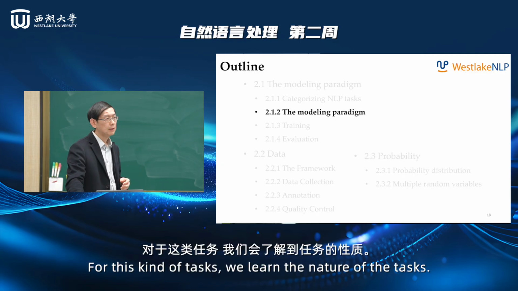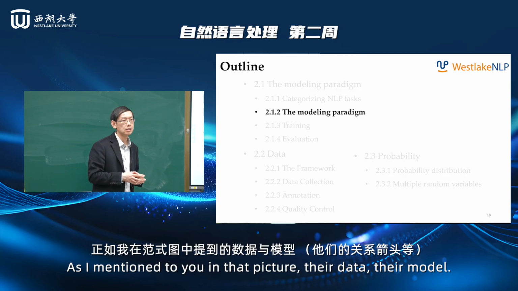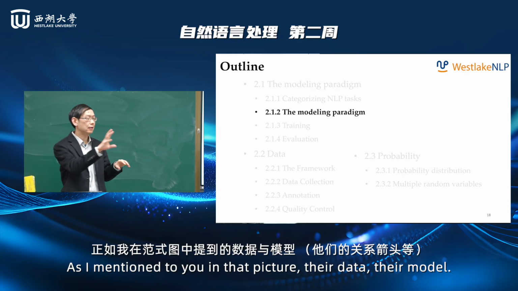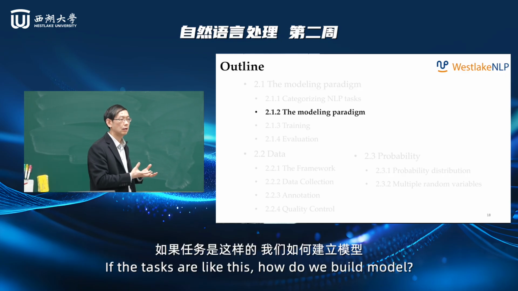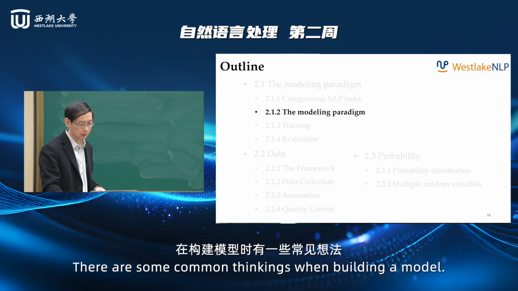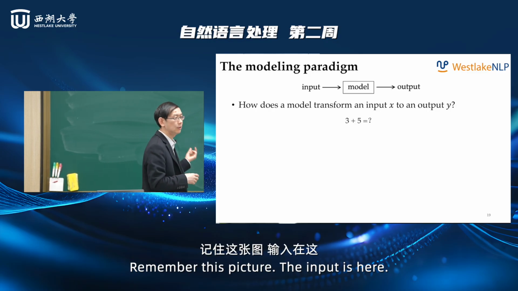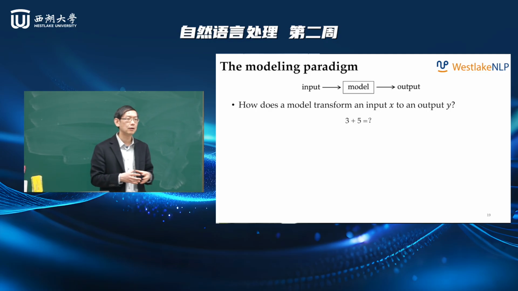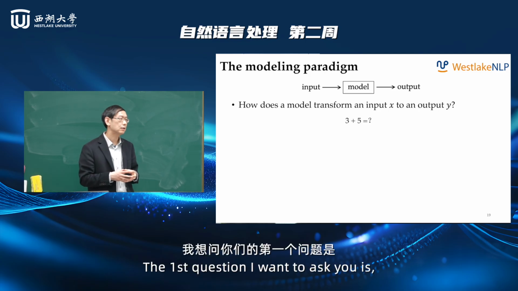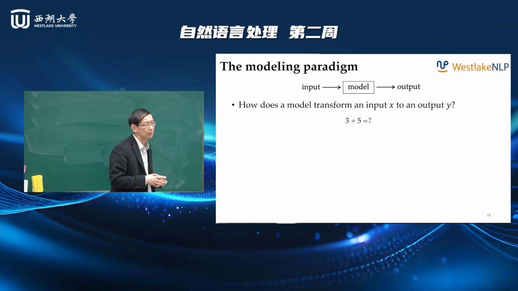For these kinds of tasks, we will learn the nature of the tasks. As I mentioned in that picture, there's data, there's a model. If the tasks are like this, how do we build a model? There are some common ways of thinking when building a model. Remember this picture: the input is here, the model is here, the output is there. The first question I want to ask you is, how do you generate the output given an input?